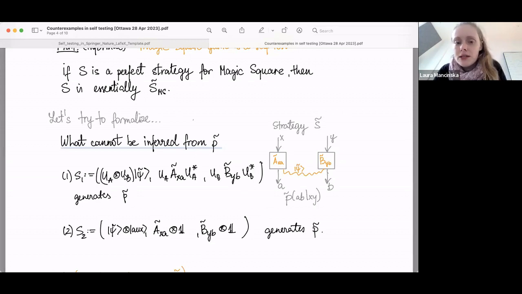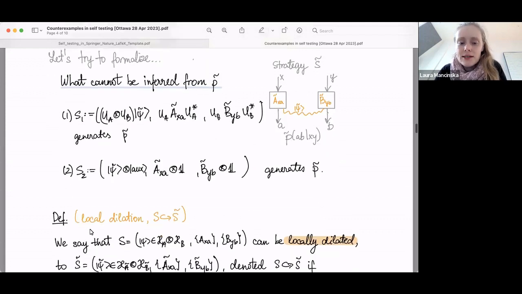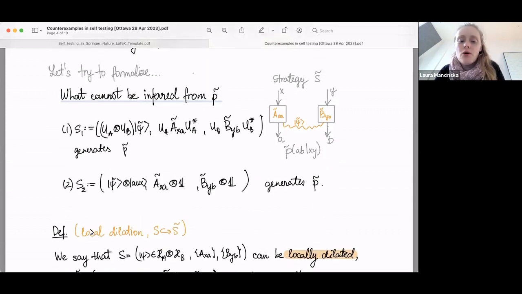All right. Now, with these two things in mind, we're going to define this notion of a local dilation.